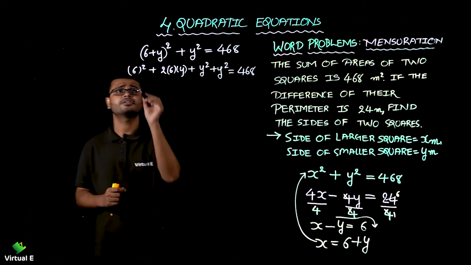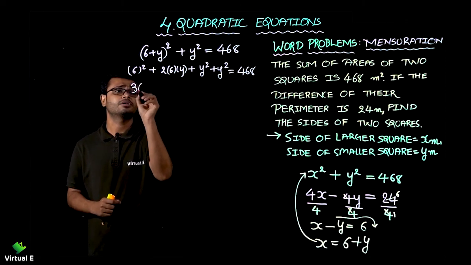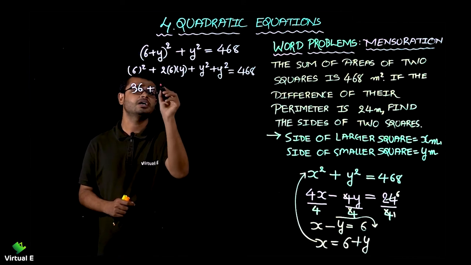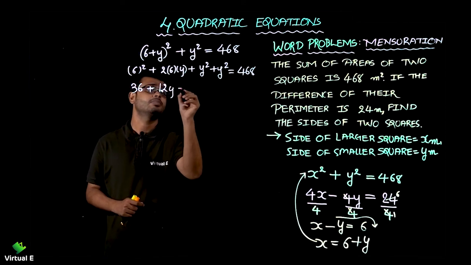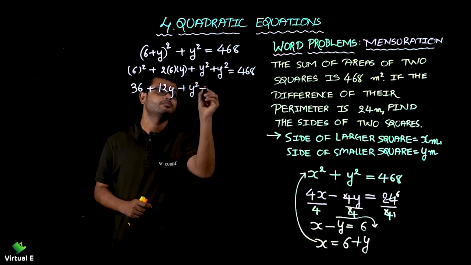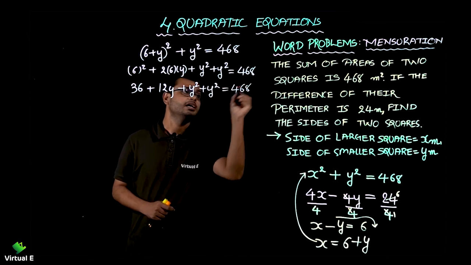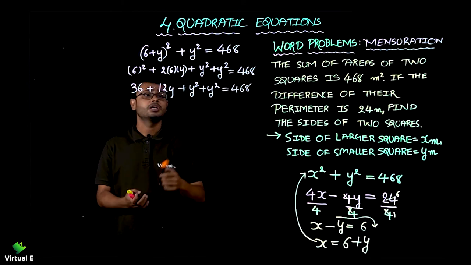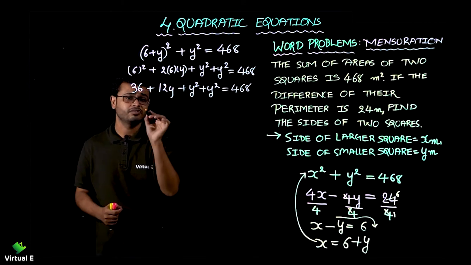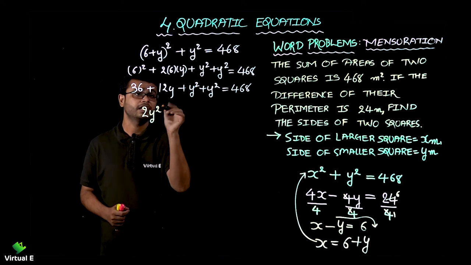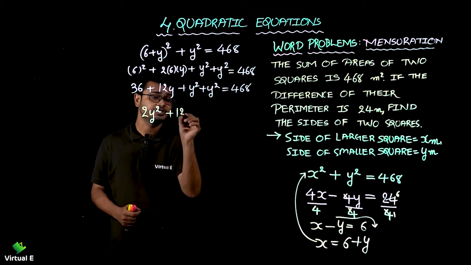Let's simplify further. 6 square gives you 36, plus 2 times 6 is 12y, plus y square is equal to 468. Now y square and y square will be 2y square, then plus 12y as it is.